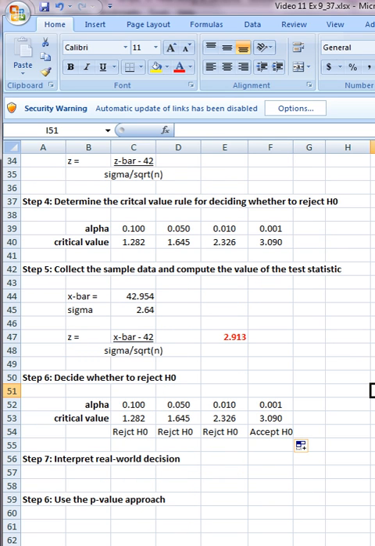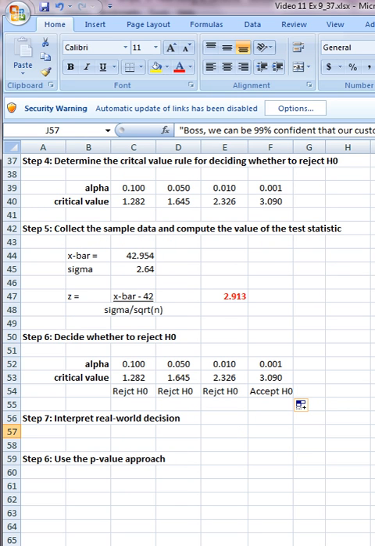So what's the practical real-world implication of all this? Well, what do we tell the boss is the real question. In this particular case, we can say, boss, we can be 99% confident that our customers are very happy. The boss says, that's great, but what does it take to be 99.9% confident? Well, with the data we have, boss, we can't be that confident. We can only be 99% confident.